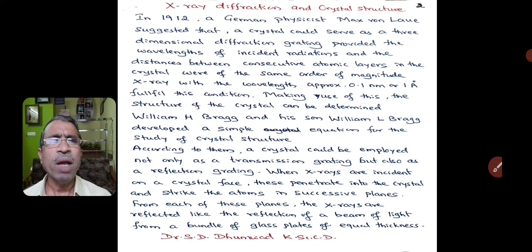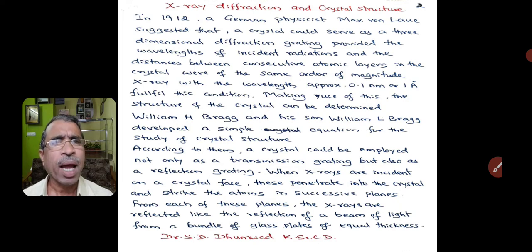X-rays with a wavelength of approximately 0.1 nanometer, or 1 angstrom, fulfill this condition. Making use of this, the structure of the crystal can be determined.